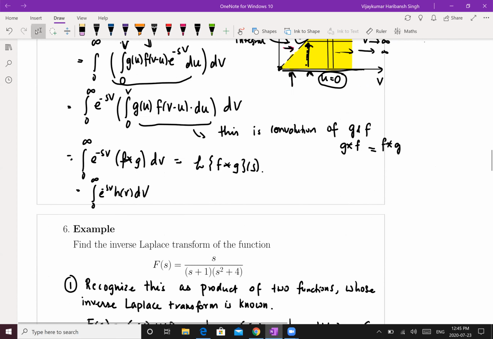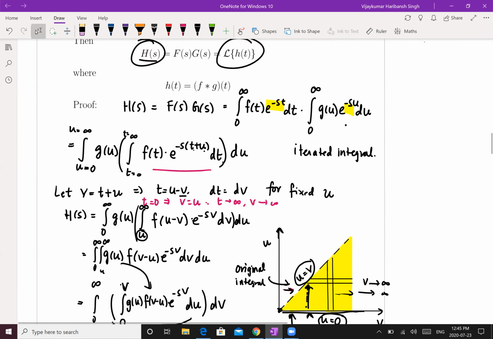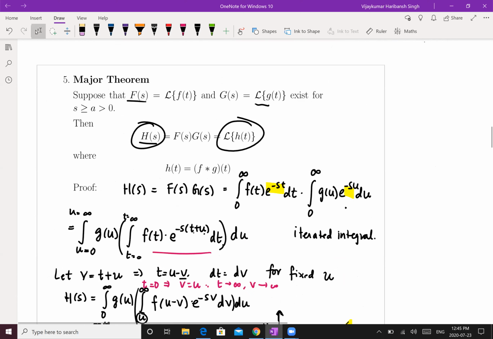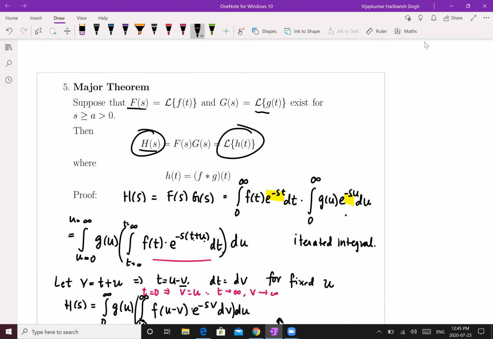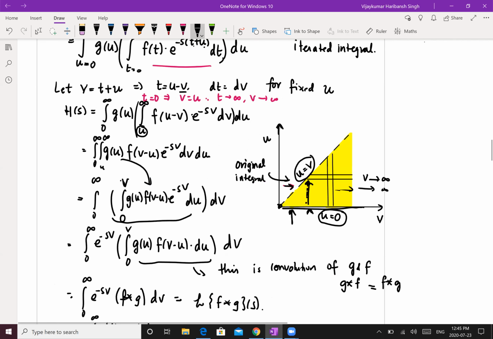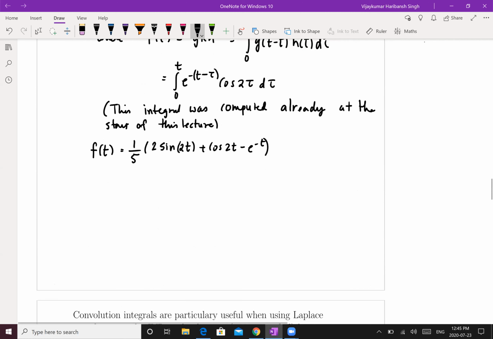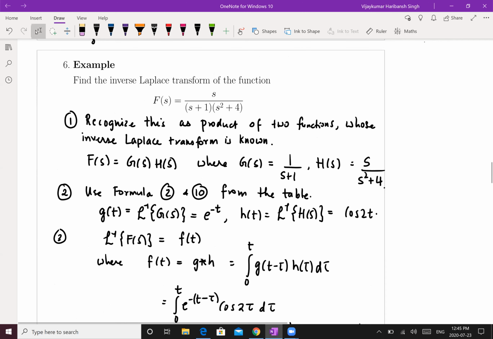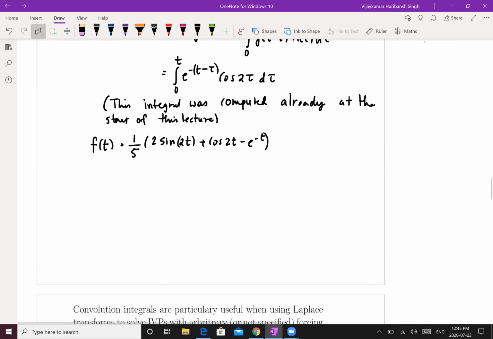What is the connection? Namely, if you take f of s times g of s, then this can be written as the Laplace transform of h of t, where h of t is the convolution of f and g. Then we worked on an example to find an inverse Laplace transform using convolution.